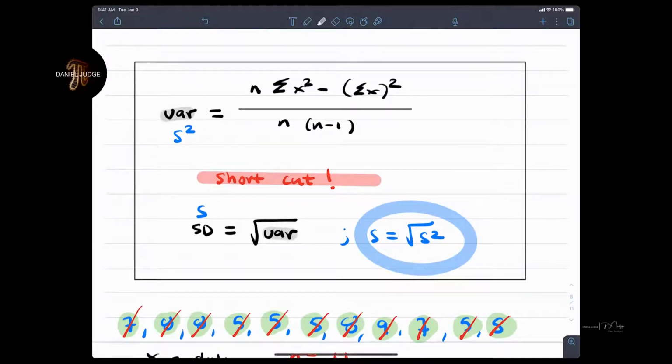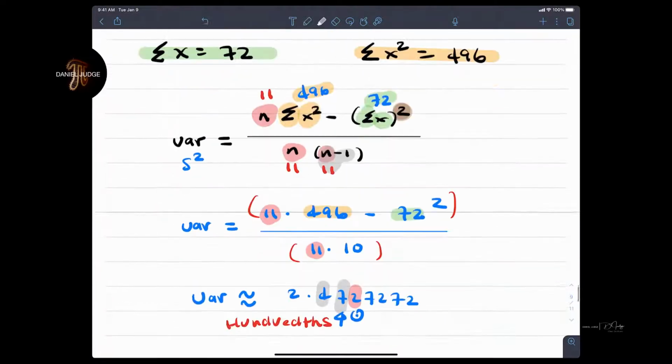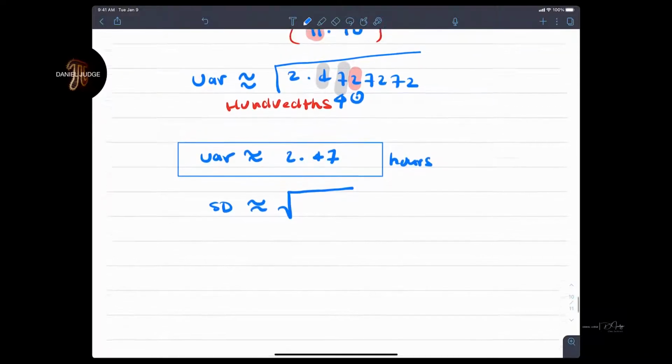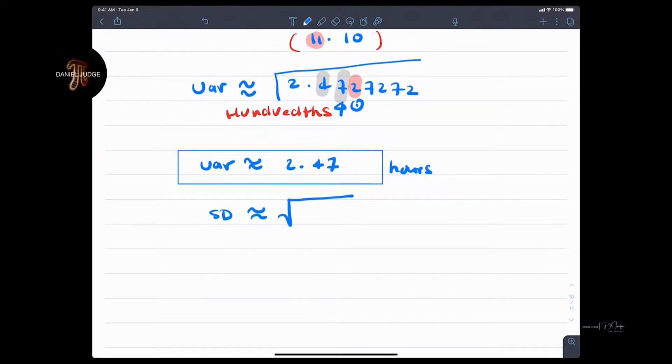You take the square root. It's a variance, s squared, sample variance. So all I have to do now to get that standard deviation is take the square root of this number here, yes, take the square root of that prior, more accurate number.